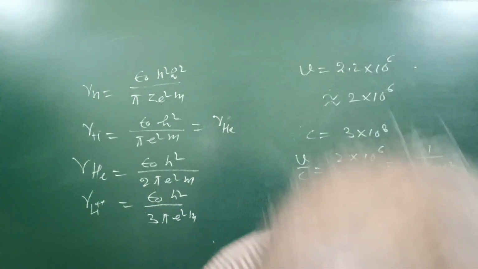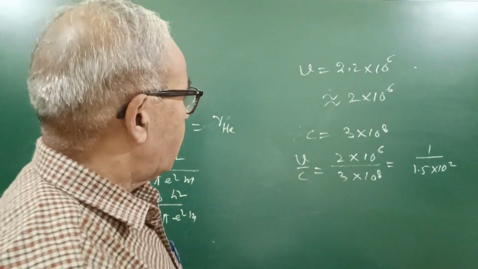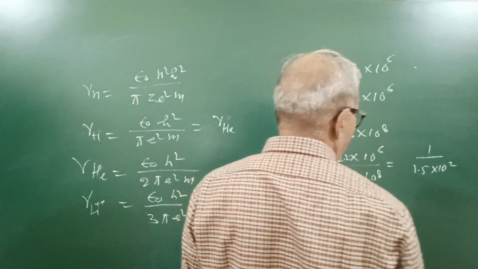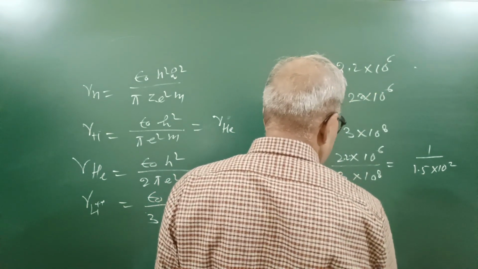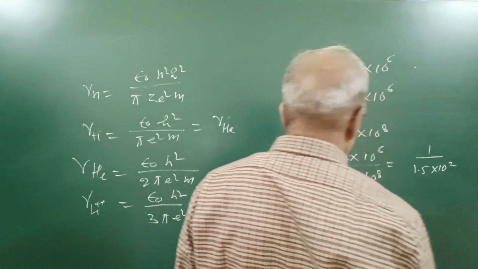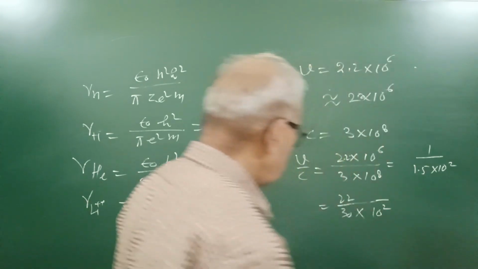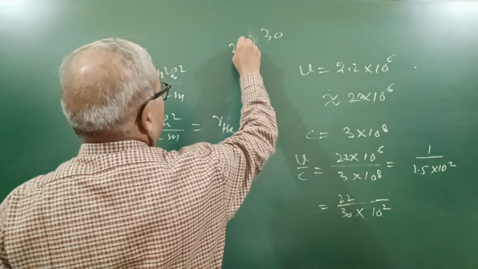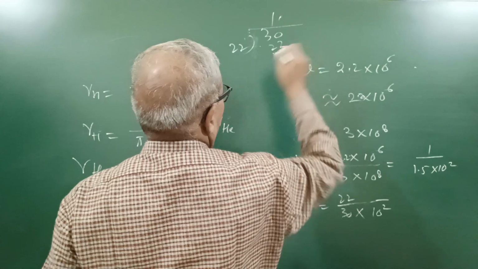अब ये ऑप्शन तो नहीं है. Ratio of speed of electron in ground state hydrogen atom to the speed of vacuum. मेरा आंसर 2.2 लेकर आया हूँ मैं. 2.2 लूँगा तो यहाँ पर फिर ये क्या होगा? 22 upon 30 into 100. 30 upon 22. 8.03.